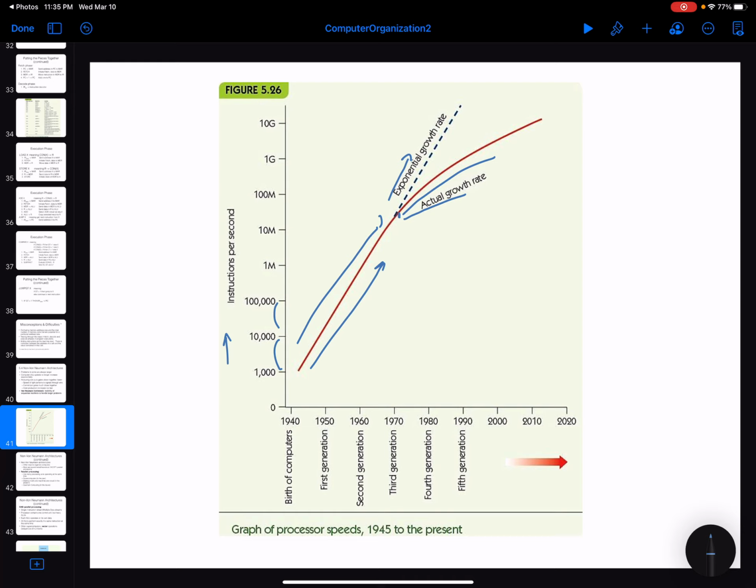There are some physical limitations, for example, we cannot make more circuits and gates on one piece of chip, because of the heat and many different physical restrictions that we have.